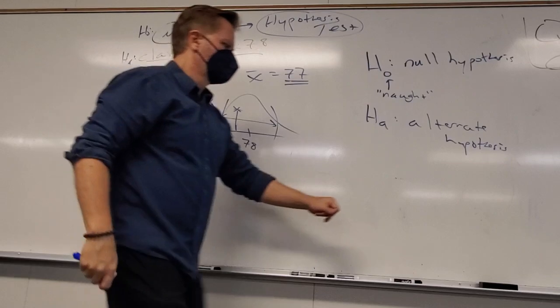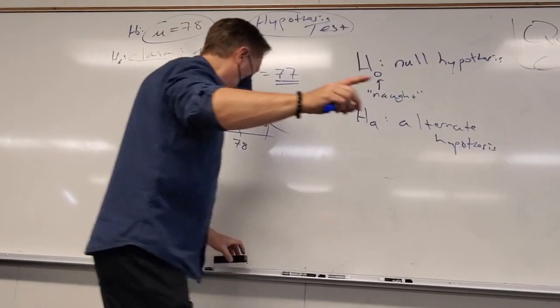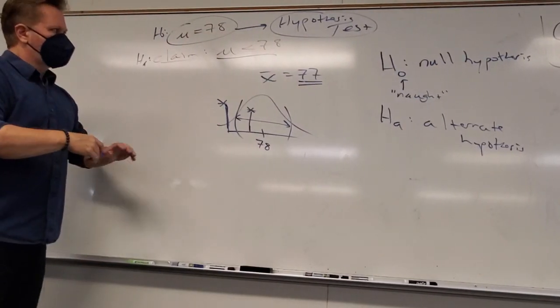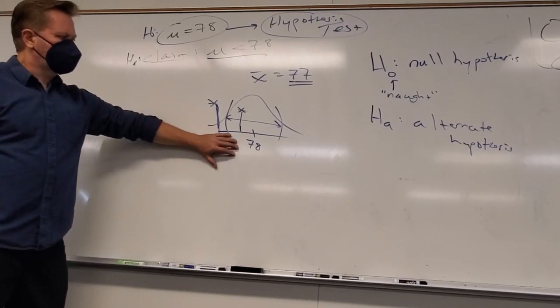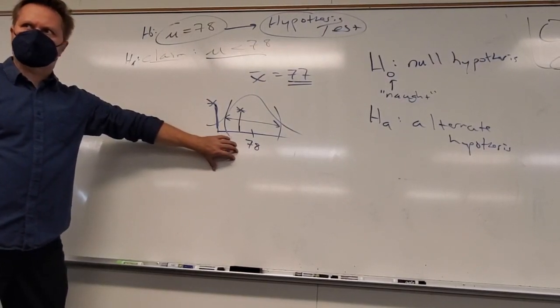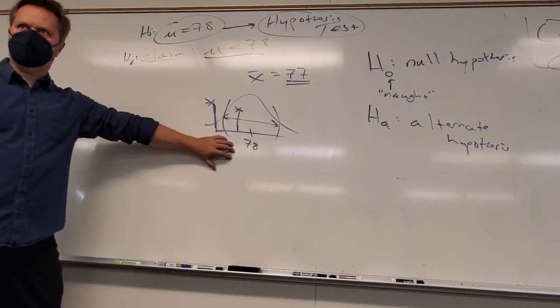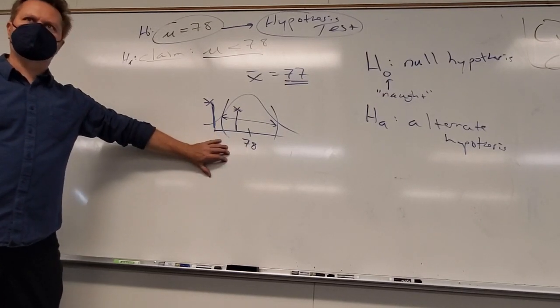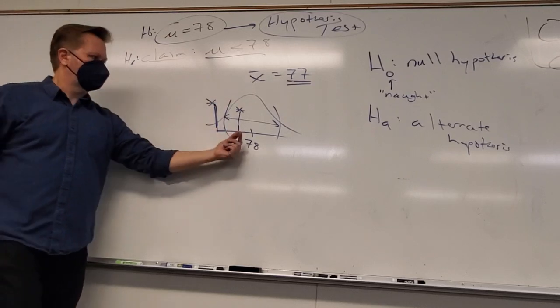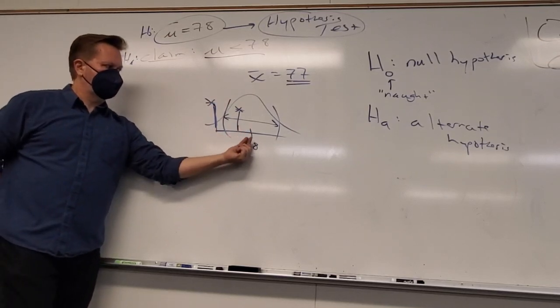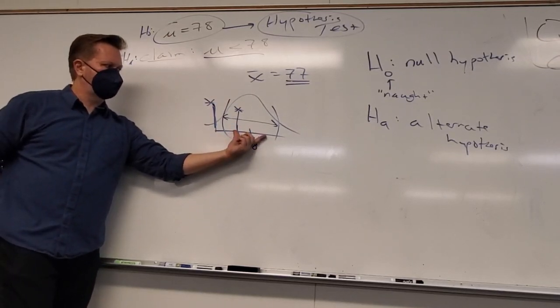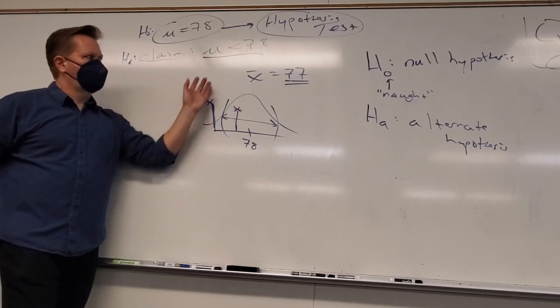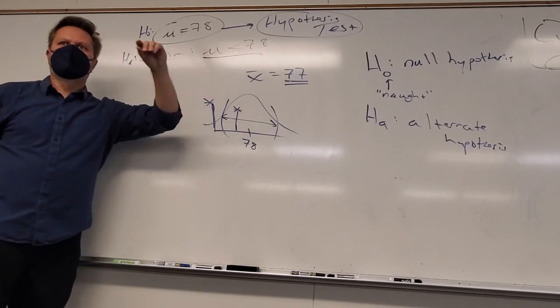So, for example, oh, by the way, before I erase all this, I think you guys all get the idea of this picture. It looked like you got this pretty well. What needs to be better defined in terms of what I just said? So I said, if the mean really was 78, we should find something that's close to it. If something's really far away, that would be evidence it's less than 78.